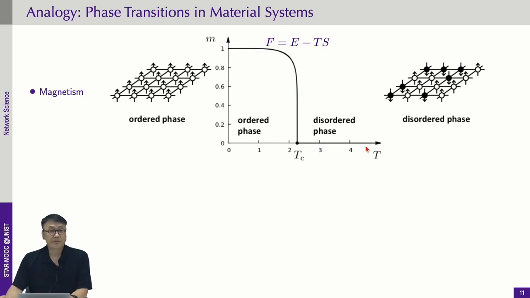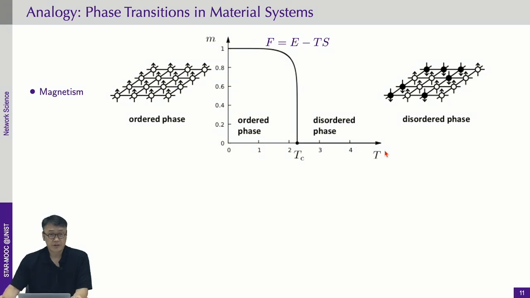So at high temperature, even though the alignment of spins is desirable in terms of interaction energy, the system at thermodynamic equilibrium shows a disordered spin configuration because the entropy contribution to the so-called free energy dominates the energetic cost.